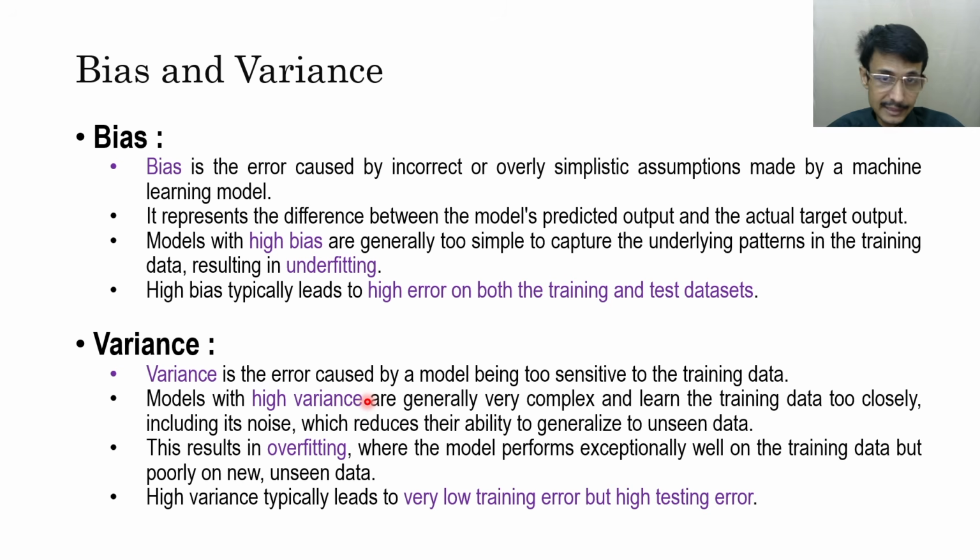Sometimes it's memorizing, and this results in overfitting. The model performs exceptionally well on the training data, but poorly on new data. So high variance typically leads to very low training error but high testing error. And high variance is basically the cause of overfitting.